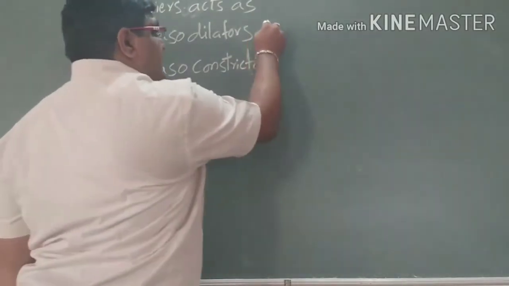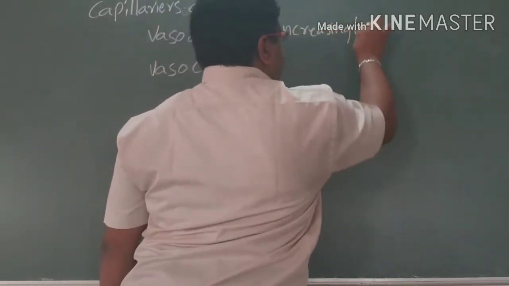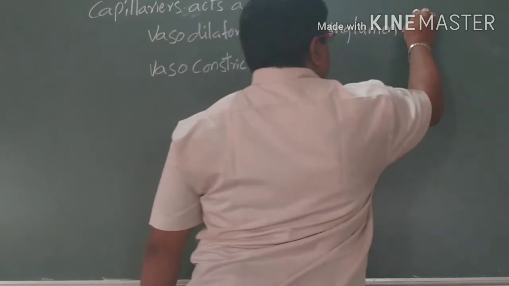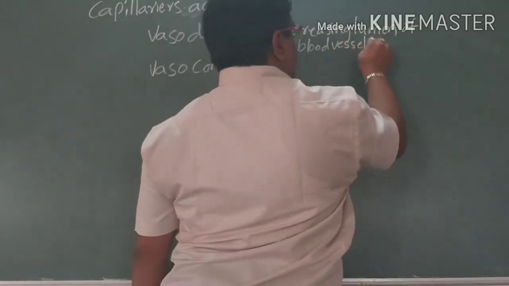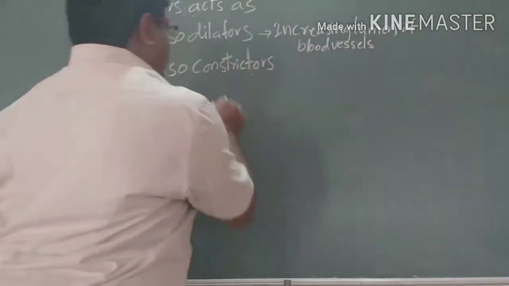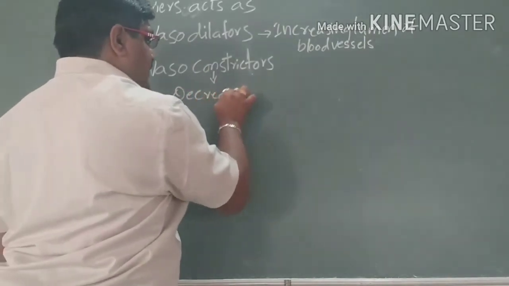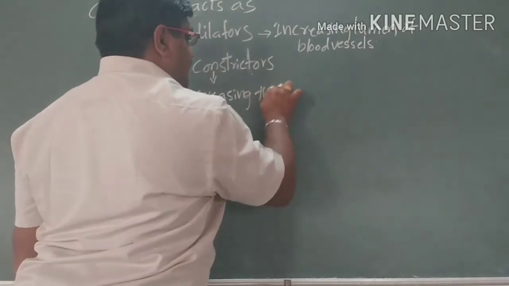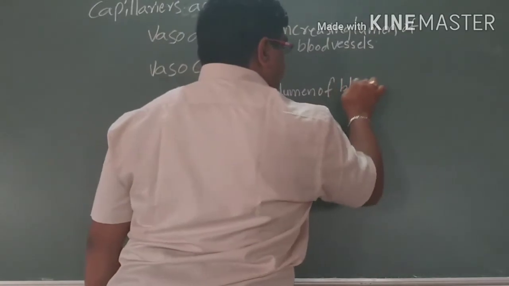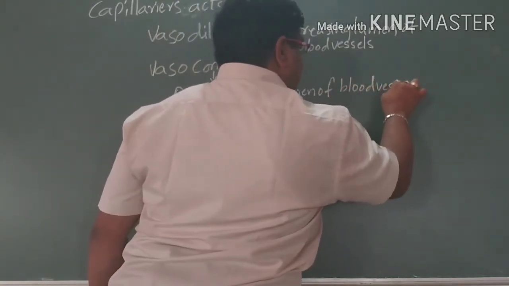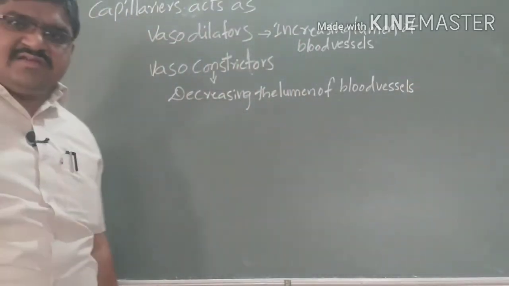Vasodilators means increasing the lumen of blood vessels. Increasing the lumen of blood vessels is called vasodilation, and vasoconstriction means decreasing the lumen of blood vessels.